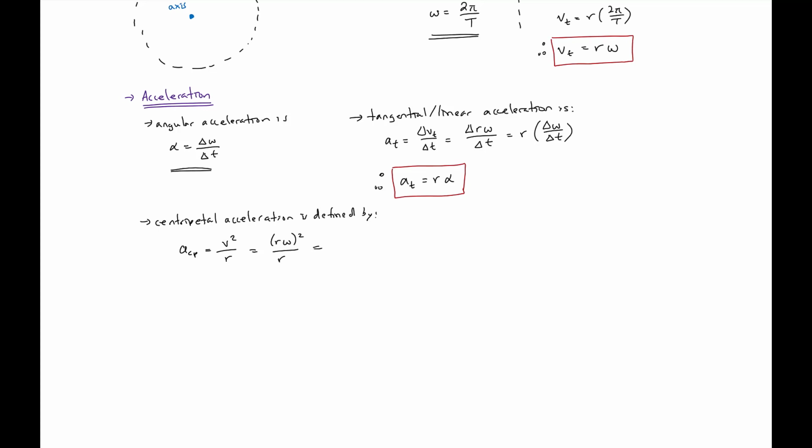The r at the top and the bottom, one cancels out, so we're left with r omega squared. So therefore, we have a third relationship. We have ACP is equal to r omega squared. So keep in mind, this is tangential acceleration, and this is centripetal acceleration. And we might as well label this top one as tangential velocity.